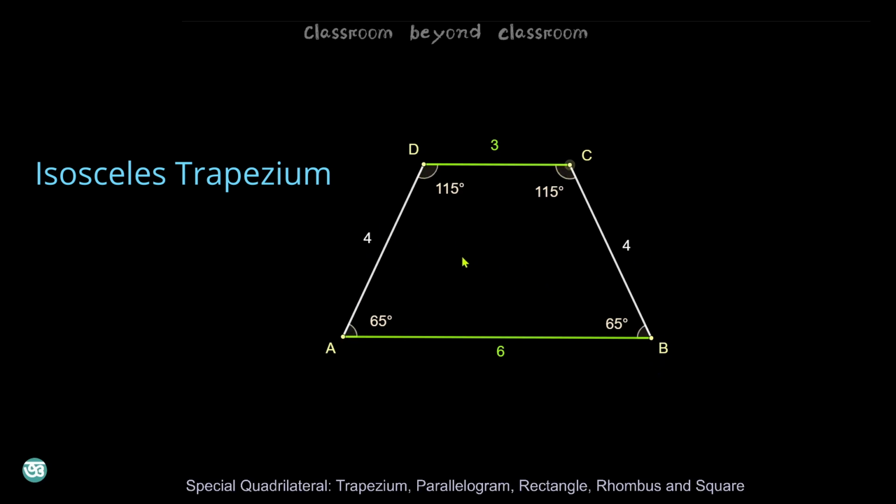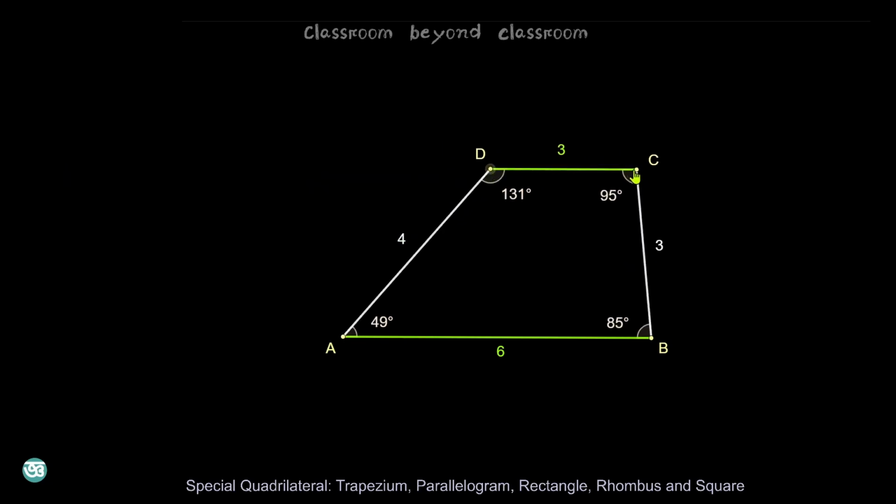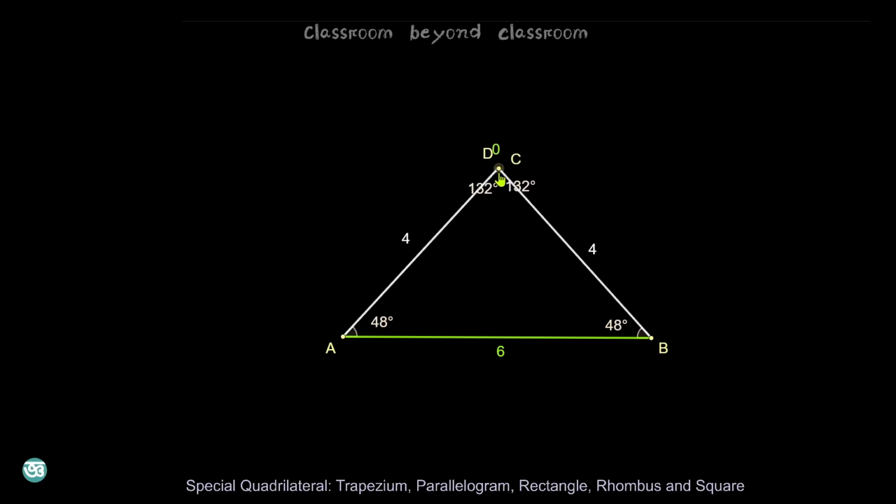This type of trapezium is called an isosceles trapezium. Here you can see vertex D and C coincide, and that is why the isosceles trapezium now becomes a triangle, and this triangle is an isosceles triangle.